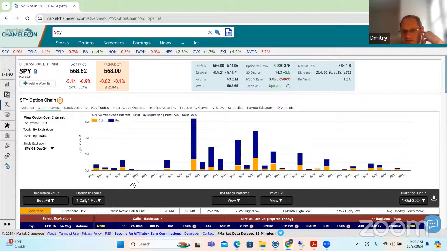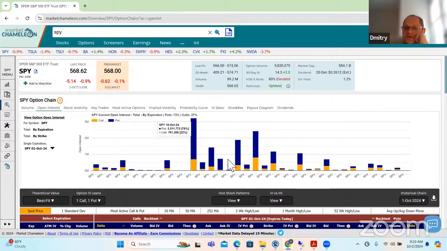Down here, SPY has a lot of different expirations. You could hover over it to get that expiration. And for each expiration, we see this stacked bar. The bar represents the total open interest in that expiration, including calls and puts.